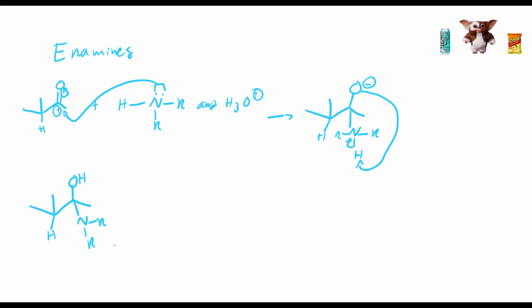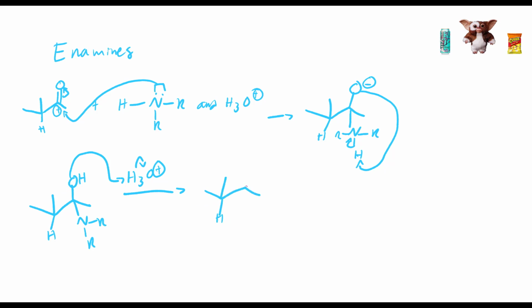After that, we can treat this with some of our acid. If we treat this with our acid, the hydrogen can break off, and this oxygen can attack that hydrogen. That's going to form a water, which is a great leaving group, so it can leave afterwards.